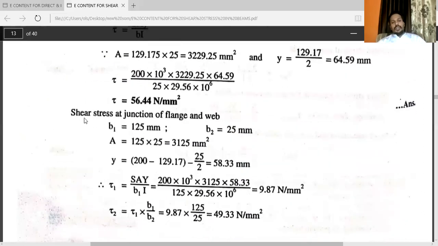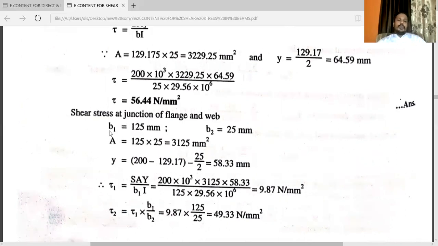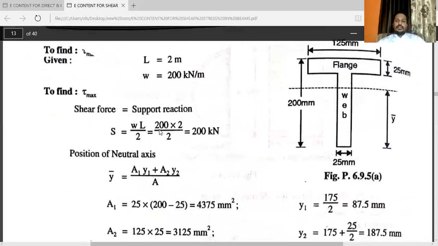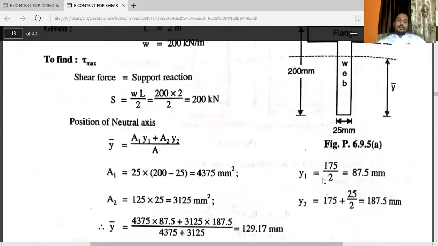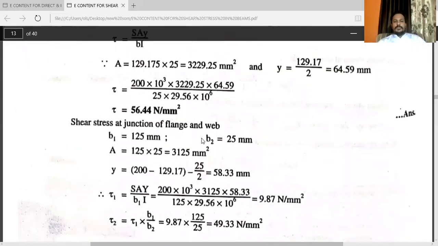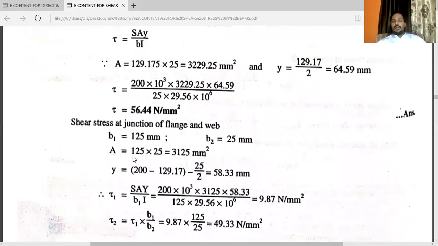Then shear stress at the junction of a flange and web. First one, B1 is equal to 125. You can see the flange dimension 125. And B2, you can see this dimension, that is 25. So B1 is 125 and B2 is 25. And area, that is very important.